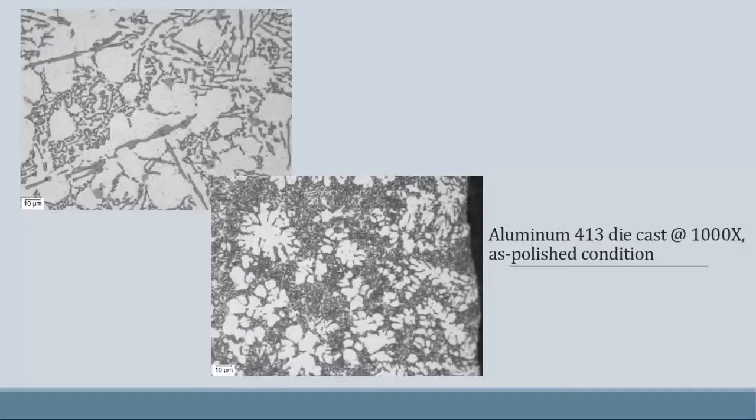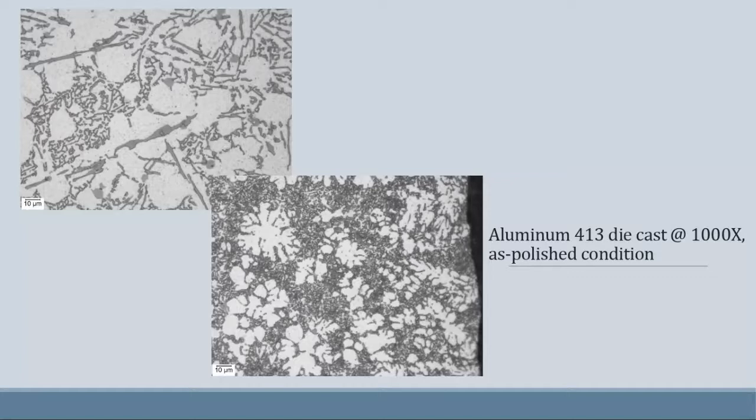Those are just some examples of what aluminum looks like under the microscope. You can see this stuff in the as polished condition. I love working more with aluminum castings than with the wrought aluminum alloys, just for the sake of being able to identify the constituents. They have a specific morphology, and they also have contrast, color difference.